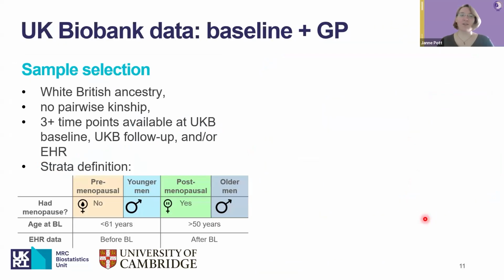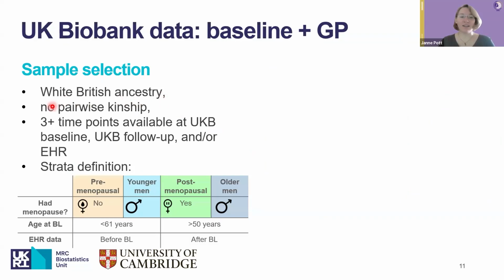I did this using the UK Biobank data. So this is baseline and GP data set, electronic health records from like the last 20 to 40 years, depending on the samples. I restricted my analysis on white British ancestry because the Mendelian randomization needs the same ancestry in the exposure and outcome data set. And my coronary artery disease data was only available in Europeans.